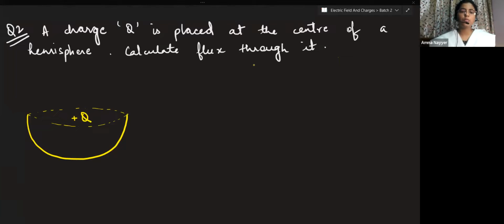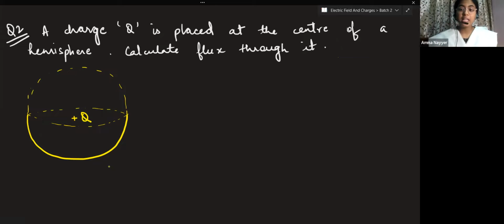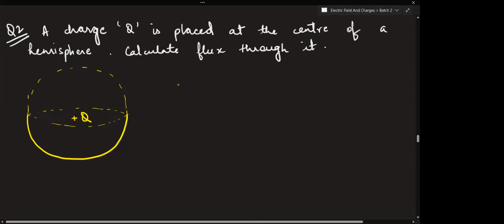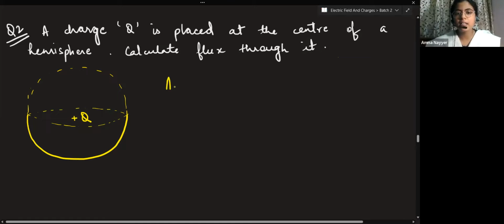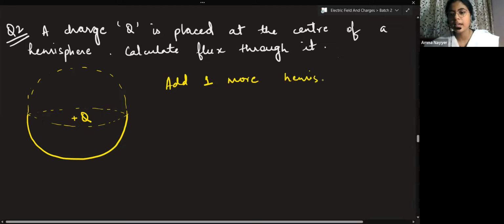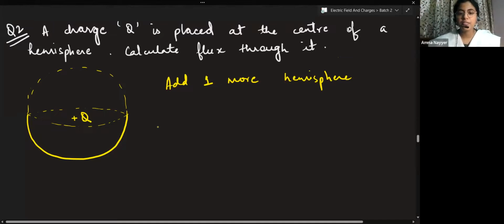So what we can do is, if I put another hemisphere over this, like this, it will become a sphere. 2 hemispheres will join and make up the sphere. Now is charge Q placed inside a closed surface? Yes. So if you add one more hemisphere, what will happen?